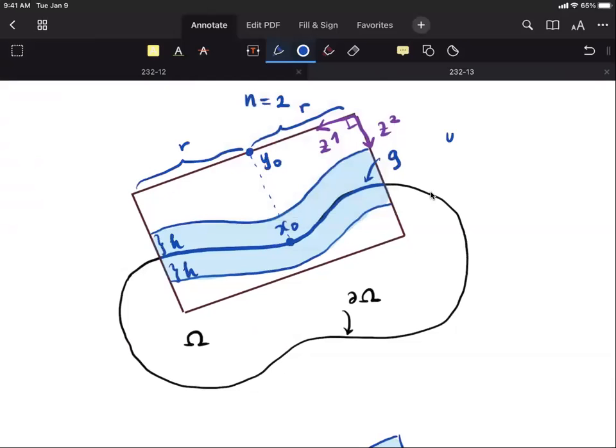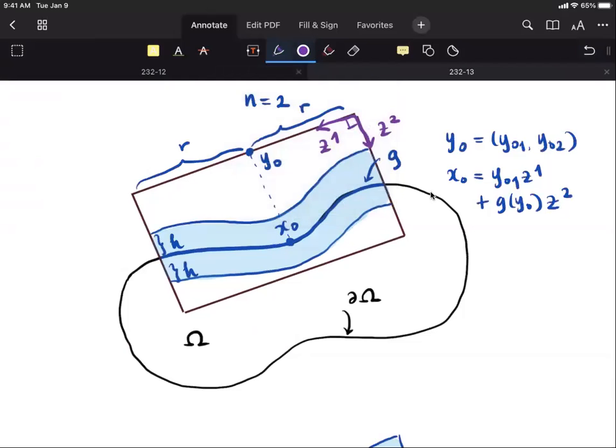So in this case, if y naught has the components y naught 1, y naught 2, then x naught is the following linear combination. So y naught 1 z1 plus g of y naught z2.